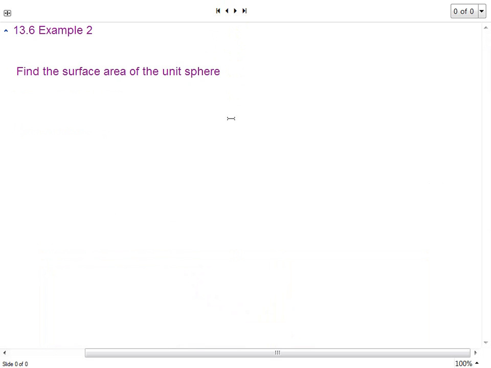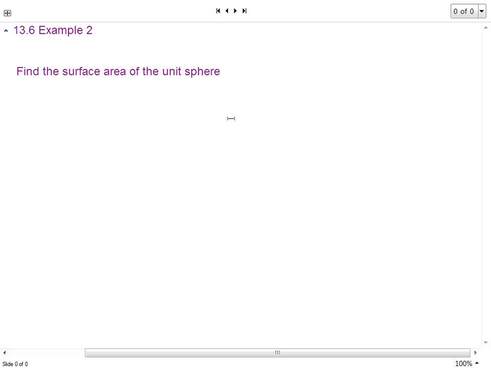Find the surface area of the unit sphere. Now we all know what the surface area of a sphere is, right? It's written in some formula in some book. The surface area of a sphere? 4 pi r squared?